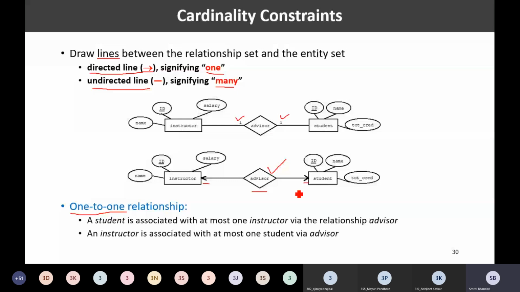So what does this one-to-one relationship advisor mean? It means that a student is associated with at most one instructor, and one instructor is associated with at most one student. So that is one-to-one relationship, and this is how it is denoted using the ER diagram.